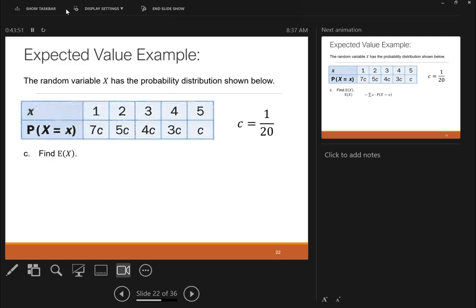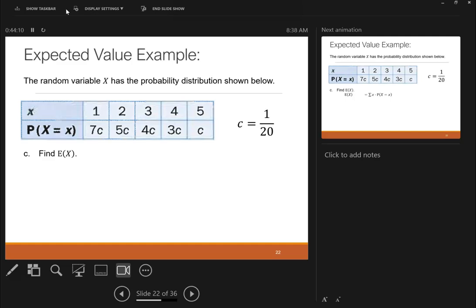What if I wanted the expectation? How do I calculate expectation again? You do 1 times 7, 2 times 5, and then add them up. It's the sum of the outcome times its probability.